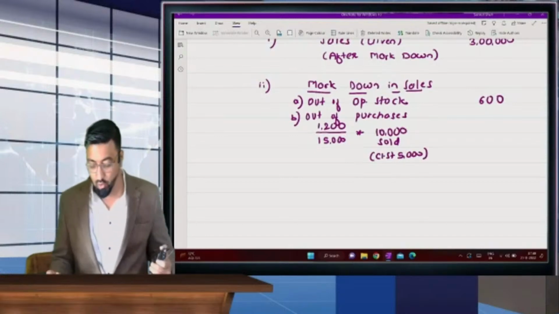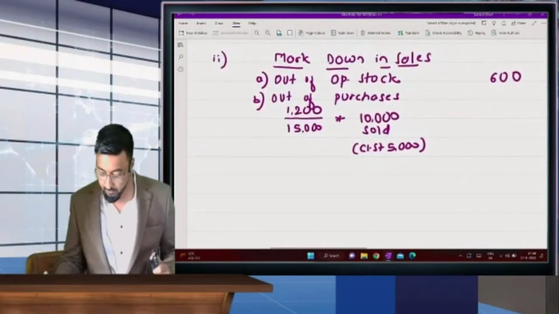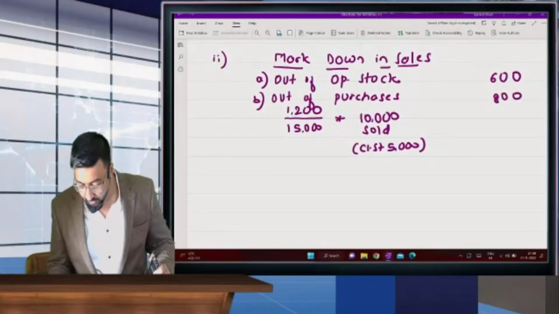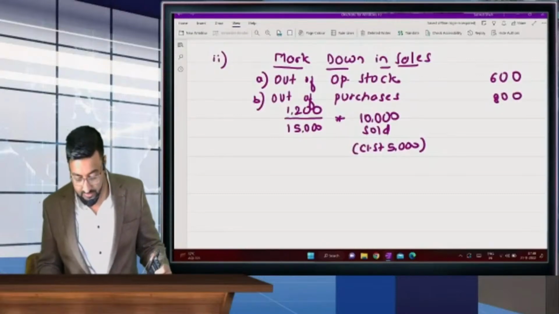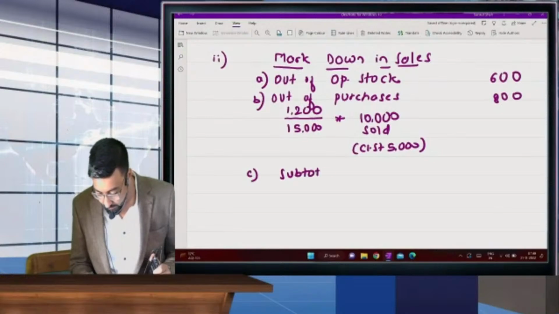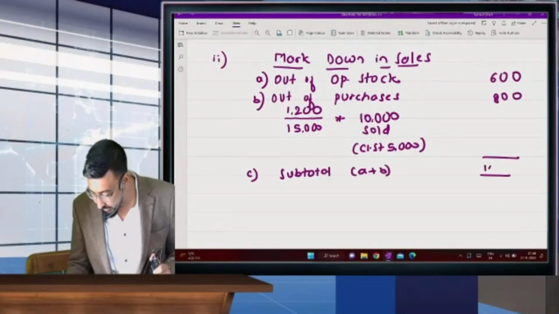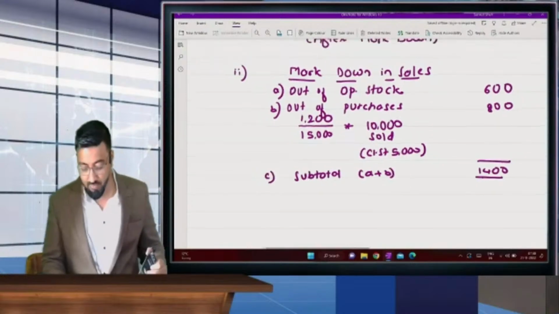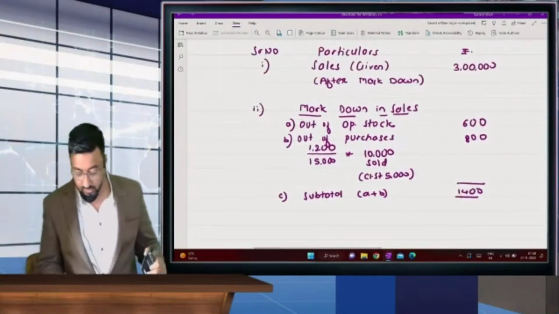It means sold 10,000. So what is the markdown in sales? 600 plus 800. C subtotal A plus B 1,400. So there is markdown in sales 1,400.